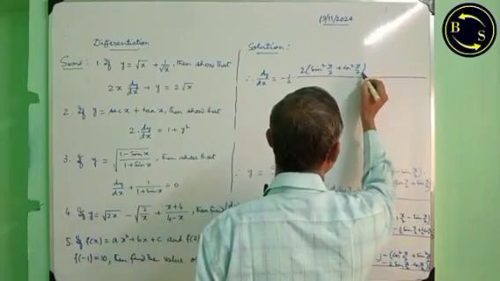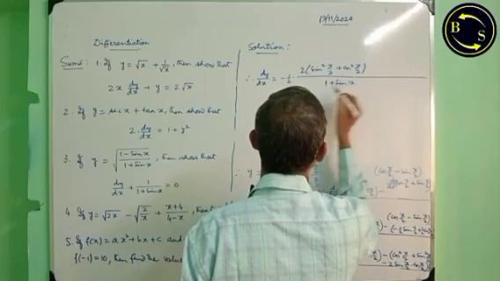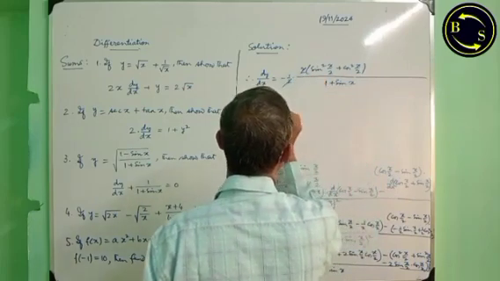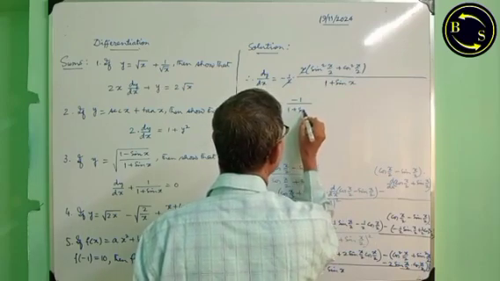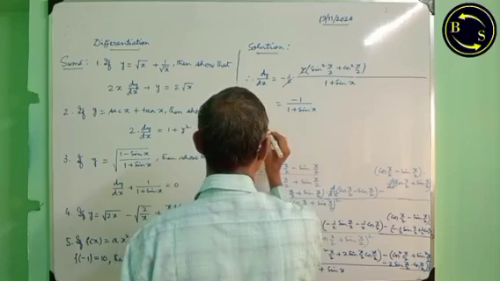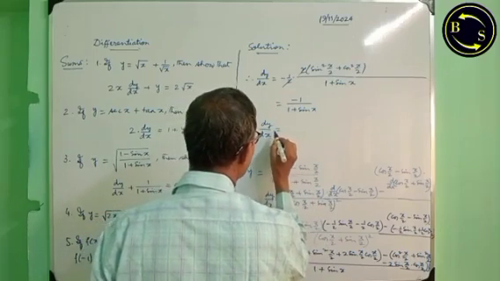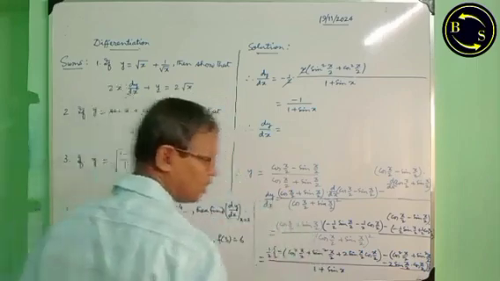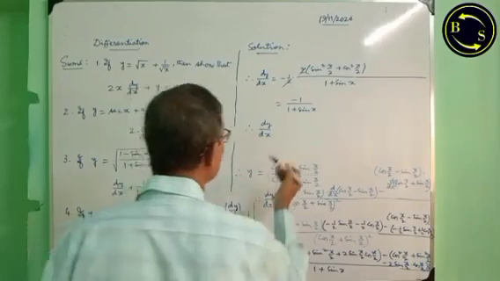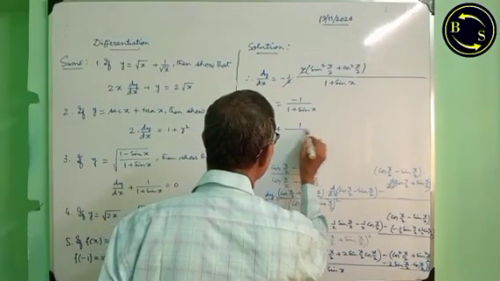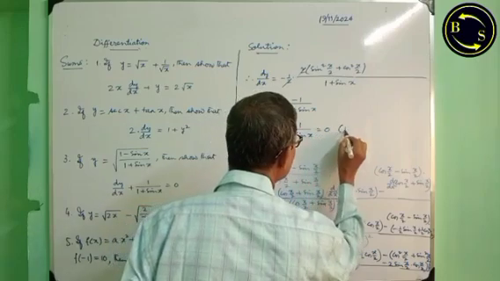Therefore, finally we get this one, and this is 1 plus sin x minus 1 by 1 plus sin x. Therefore, dy dx is plus 1 by 1 plus sin x is equal to 0, proved.